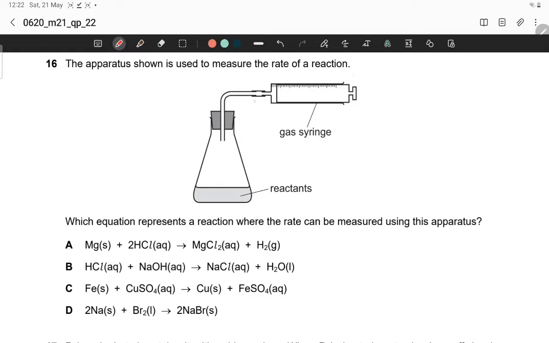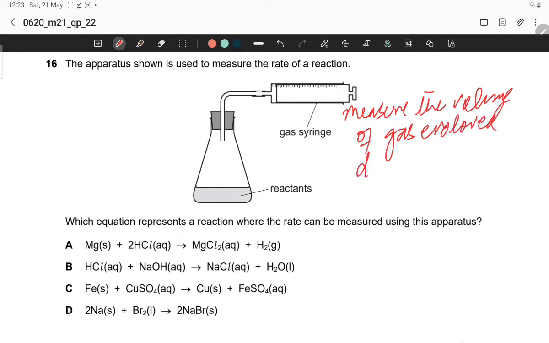When a syringe is attached to the apparatus, it means it is used to measure gas. A gas syringe is used to measure the volume of gas evolved during the reaction. So the reaction which has gas on the product side is the correct option.